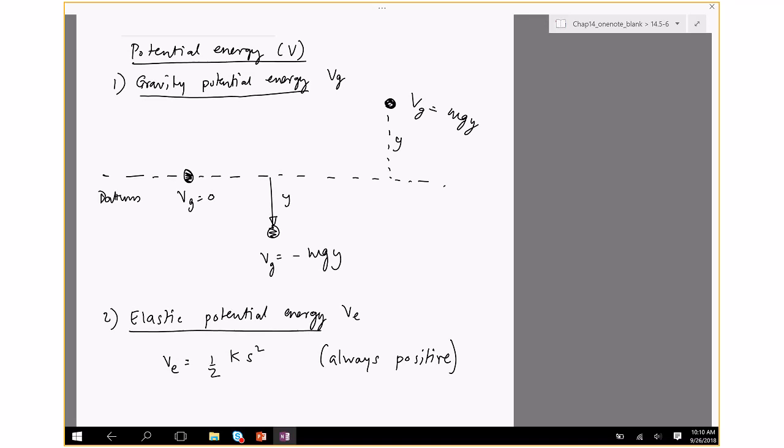Okay, let's see potential and compare it with what we had for the work done. If you go back to the notes from the last class, when we looked at the work done of a particle, we said if the particle moves down, then mg force is down, the displacement is down.